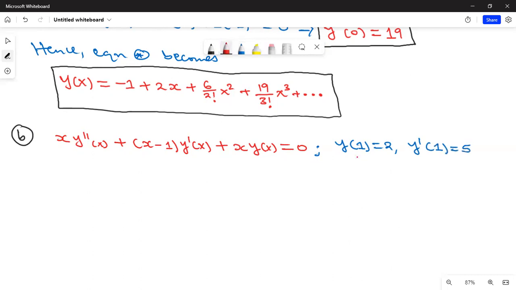So in this case, our x naught was 1. This is our x naught, even here. So we let x naught be equal to 1.